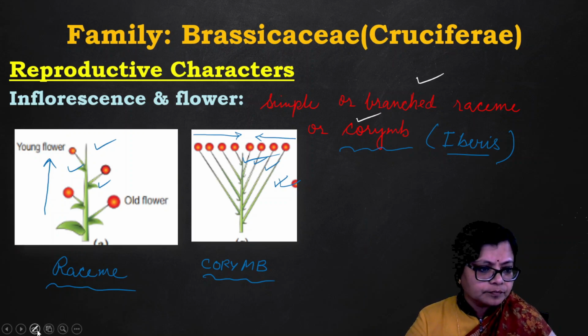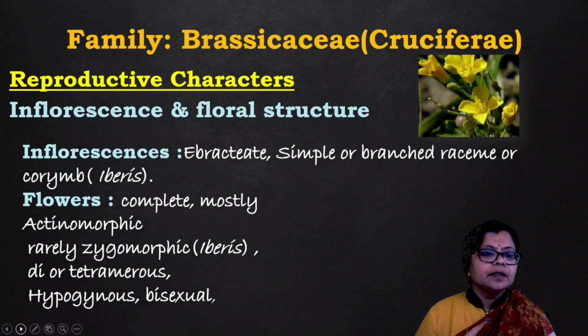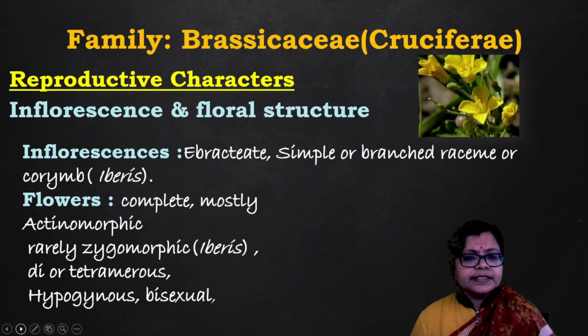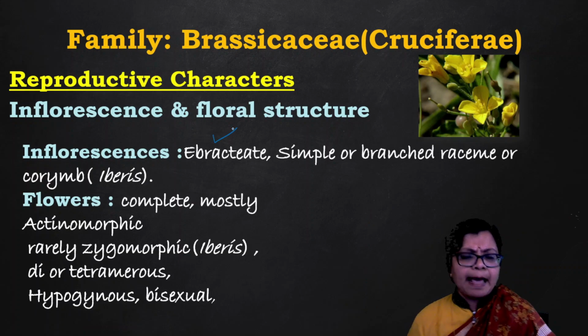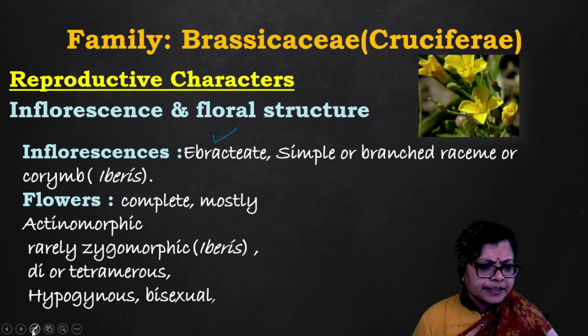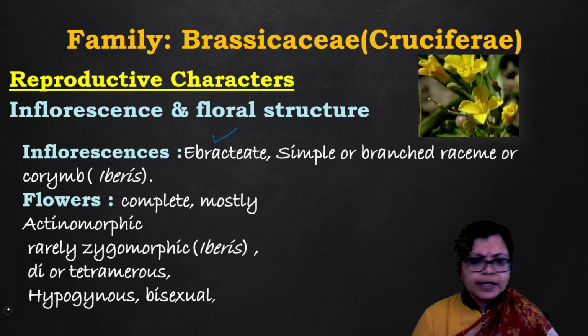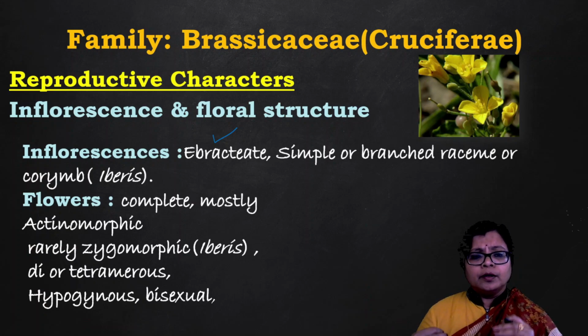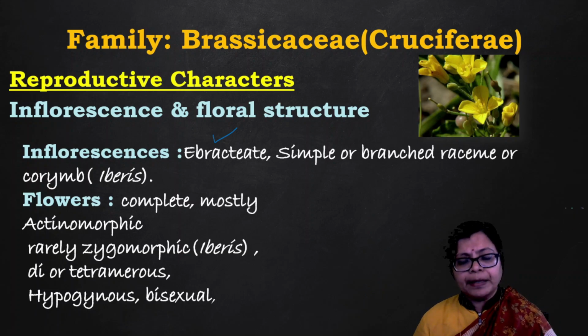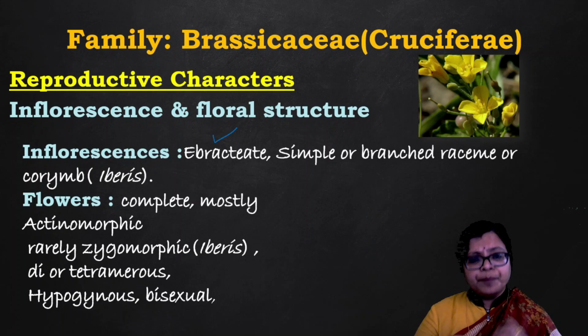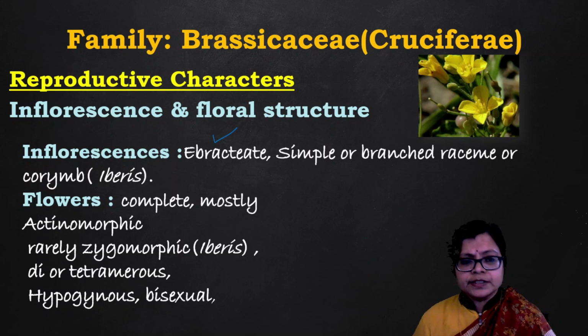Next, inflorescence ebracteate. Bract is absent. Bract is absent means, what is bract? Bract means leafy outgrowth which is present in some members of some family which bears flower or the group of flowers in its axil.